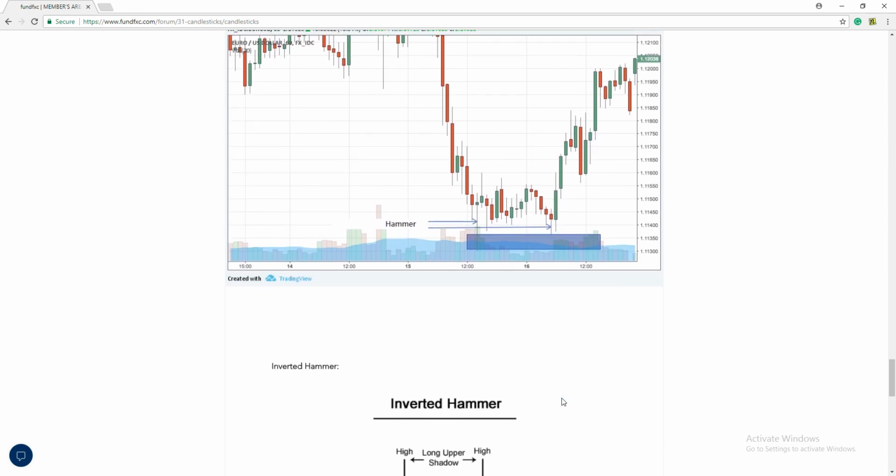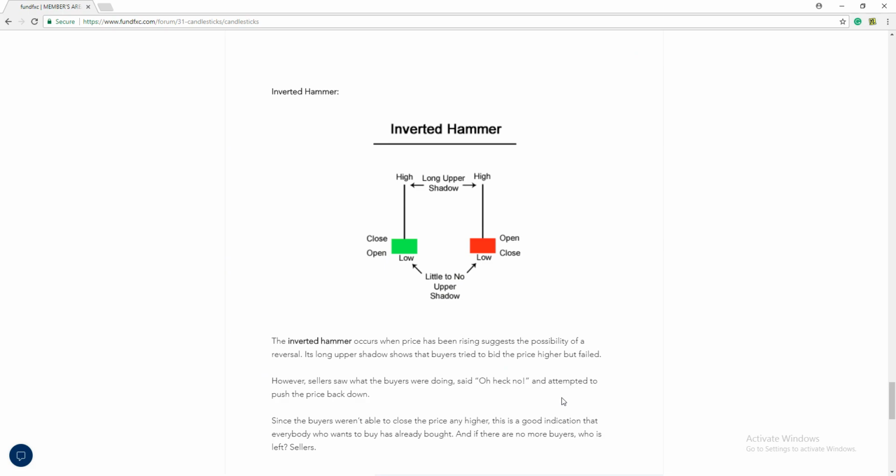Now we get the inverse of a hammer, which is called the inverted hammer. It can also be called a shooting star, because as a star shoots across the sky, it leaves a trail. So does this candle. We prefer to call it an inverted hammer instead of a shooting star. Just imagine a hammer upside down. It is very, very easy.